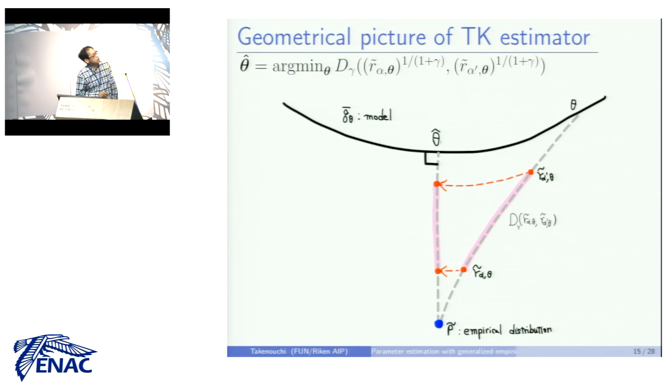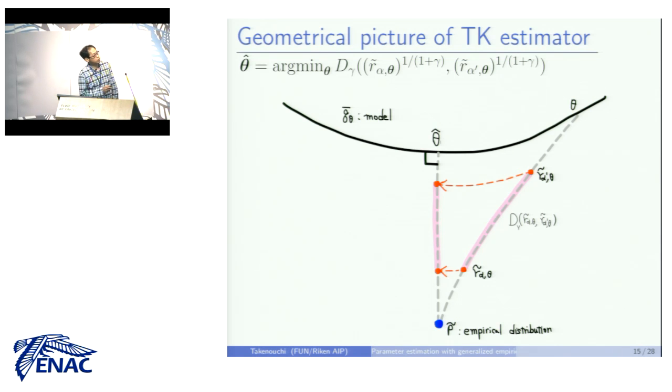Actually, this is a geometrical picture of the estimator. This space is a probability space, and this is the empirical distribution. This is a manifold of the probabilistic model. Usually, for example, a minimization of the Kullback-Leibler divergence corresponds to the orthogonal projection of the empirical distribution to this model.